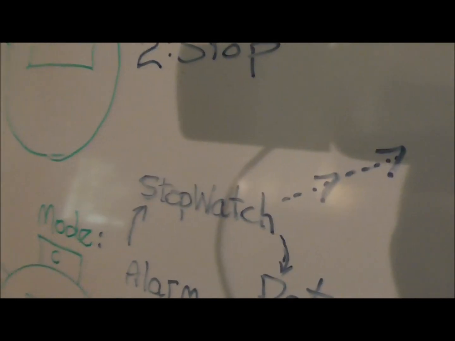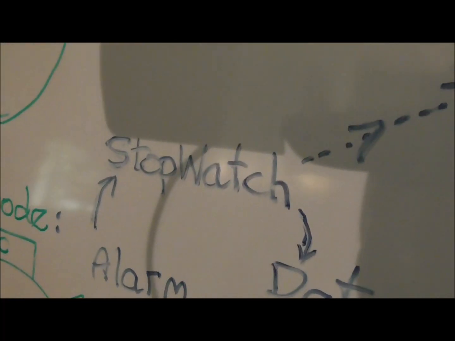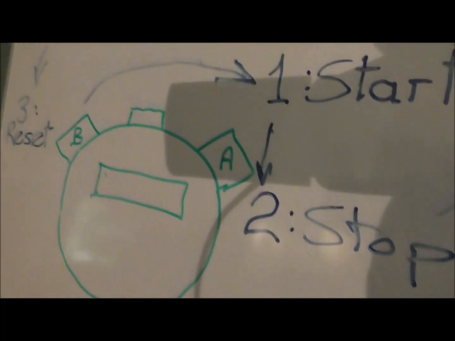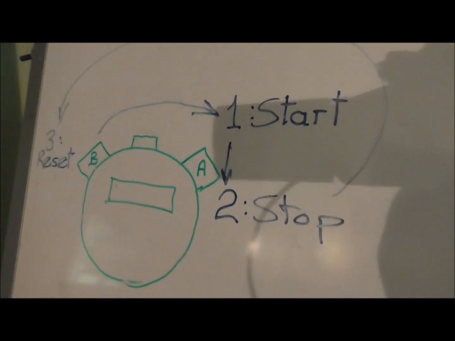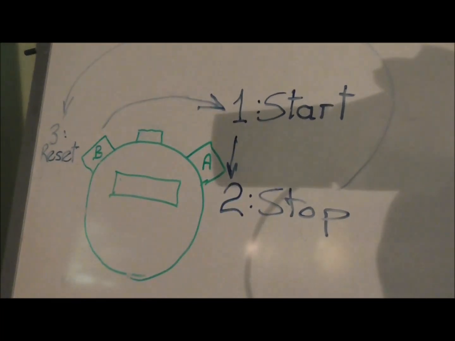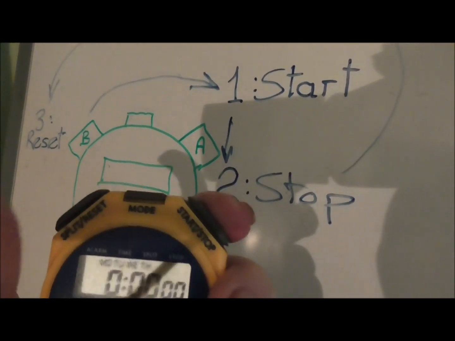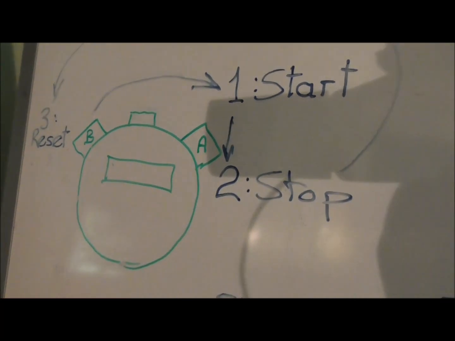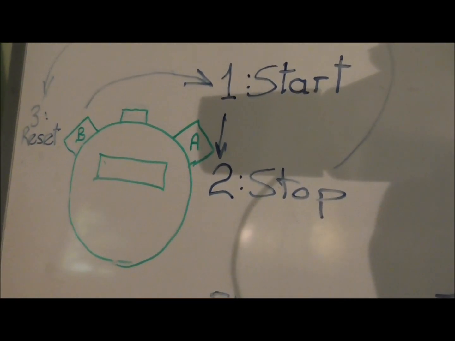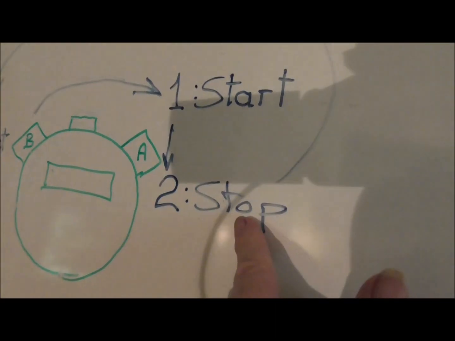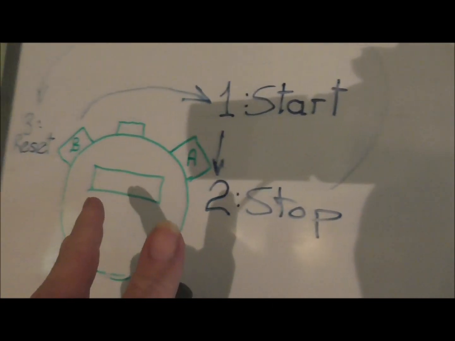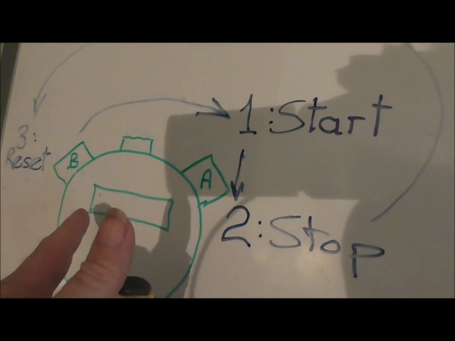So, stopwatch mode is what's depicted here. You only ever use button A and button B. Button A is used for starting and stopping. Button B for reset.